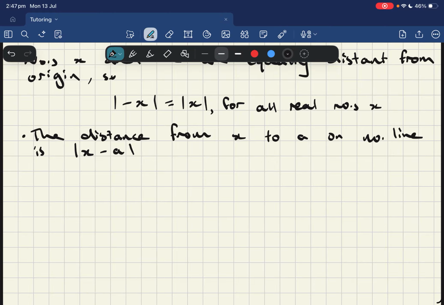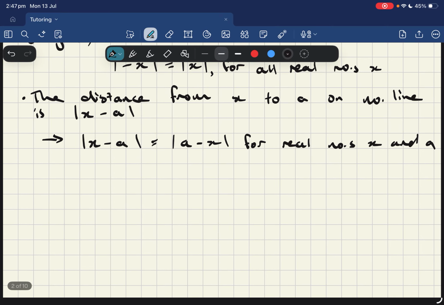And we have a particular relationship that follows, which I'll show you visually: the absolute value of the difference between x and a is equal to the absolute value of a minus x, for all real numbers x and a.